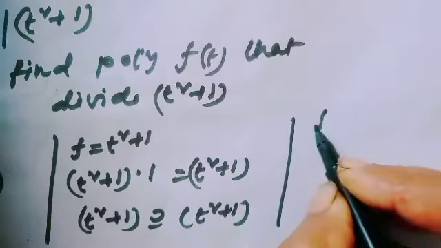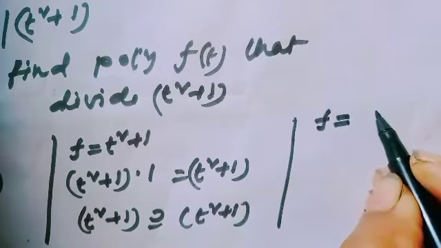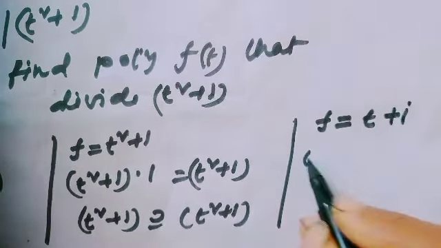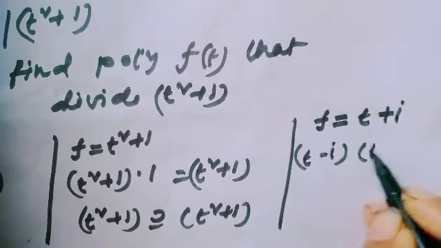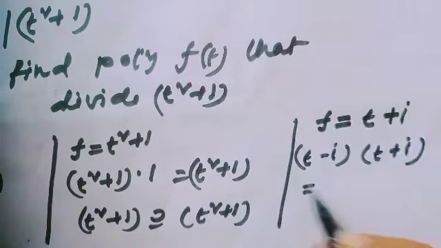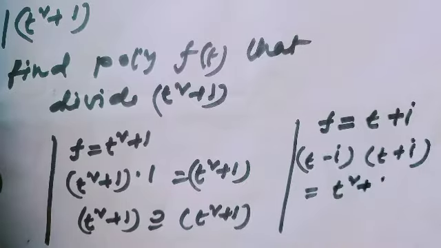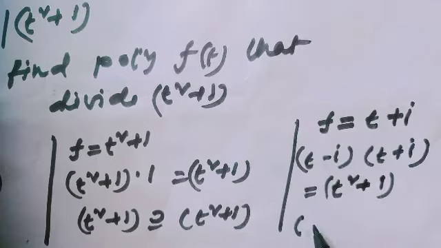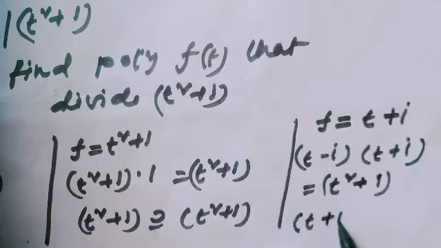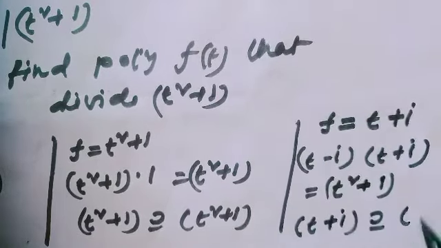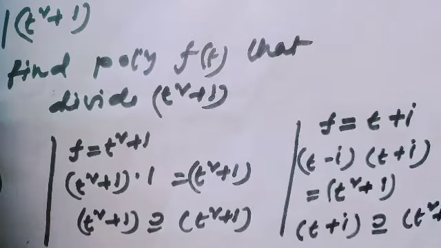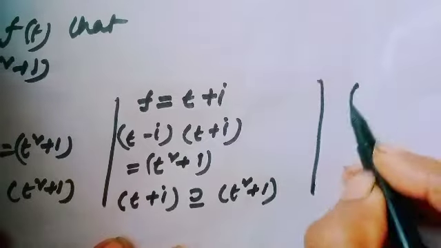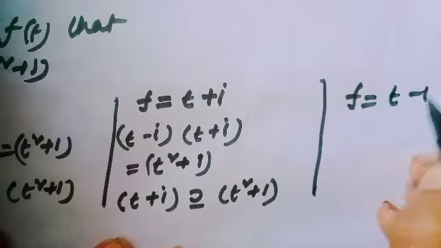Now, if we consider t + i, then (t − i) times (t + i) equals t² + 1. That means t² + 1 is contained in (t + i). From this line, similarly we can choose also f equal to t − i.